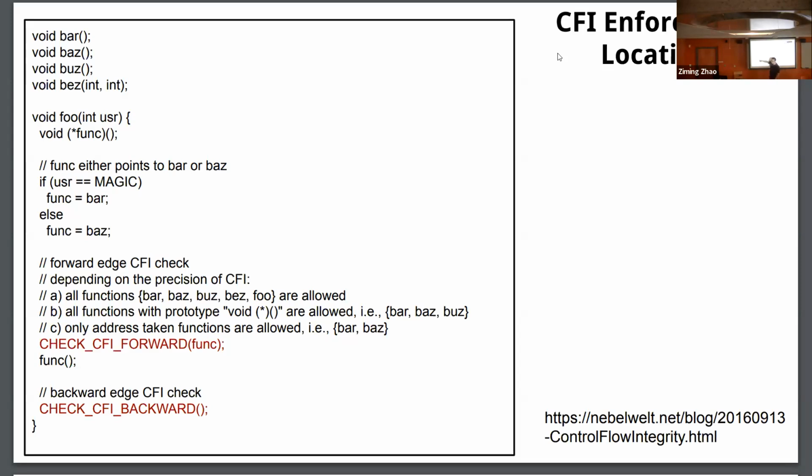Because the problem is you do not know the context, like the example I gave you. Let's say we allow either bar or bans. Then even if the user magic can override this to bans, there's no way you can identify that. Technically, it's still invalid, but you cannot identify it because you don't have the context.